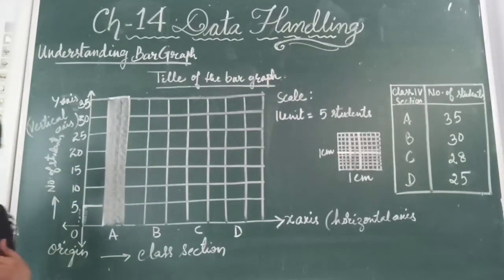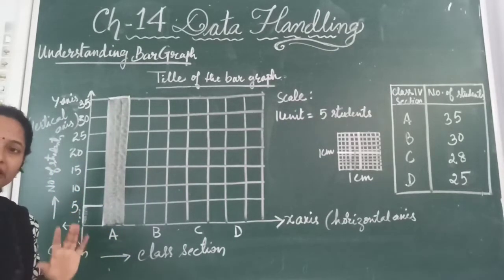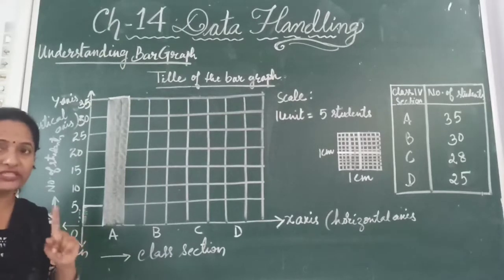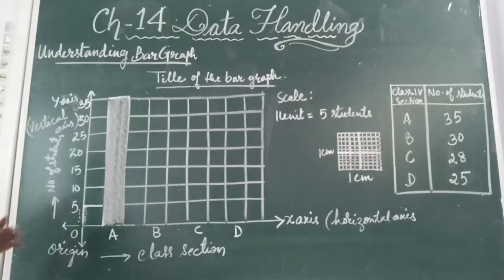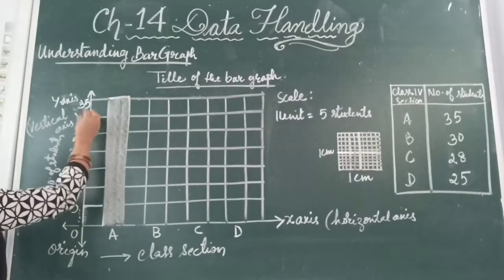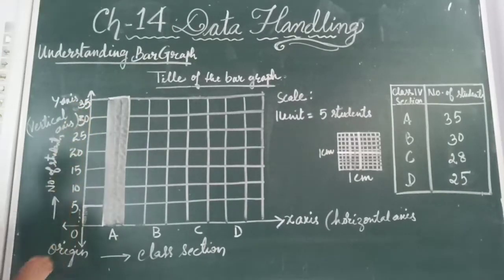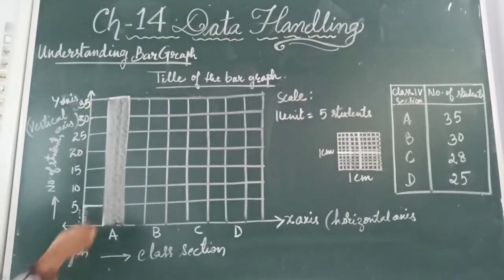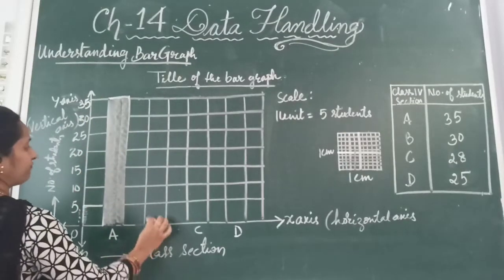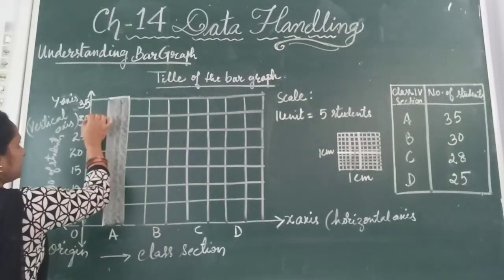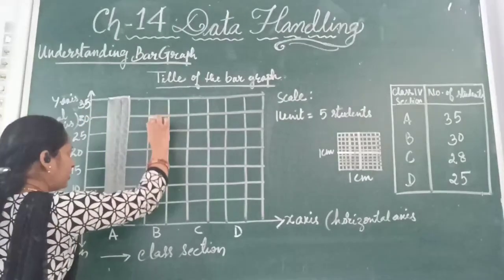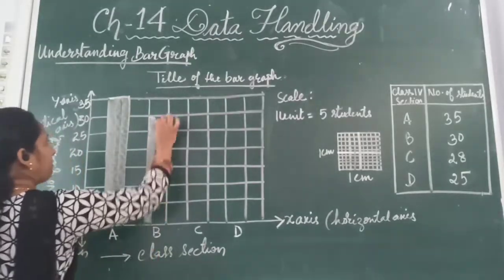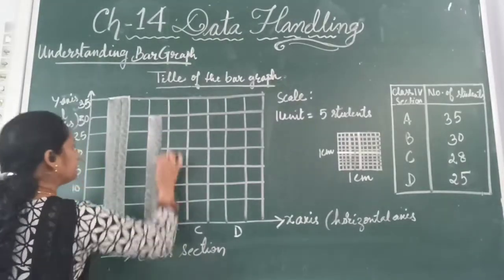So, this is the bar representing the number of students in section A, whereas in section B we have 30 students. As this is the point where we have the number 30, just above B come horizontally along 30 and try to draw the bar of B here.